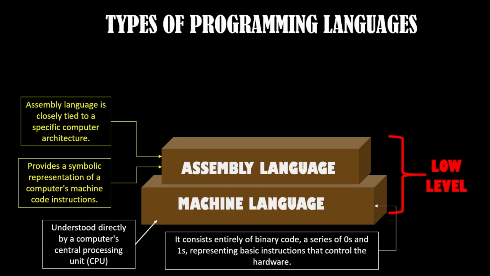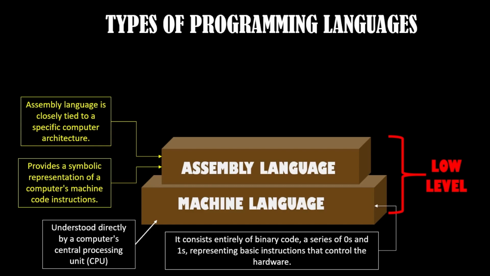And also it is really important to understand that both assembly language and machine language are computer architecture dependent. A computer architecture-dependent language is a programming language that is closely tied to the specific architecture of a computer's hardware. This means that code written in such a language is designed to work on a particular type of processor or hardware setup.